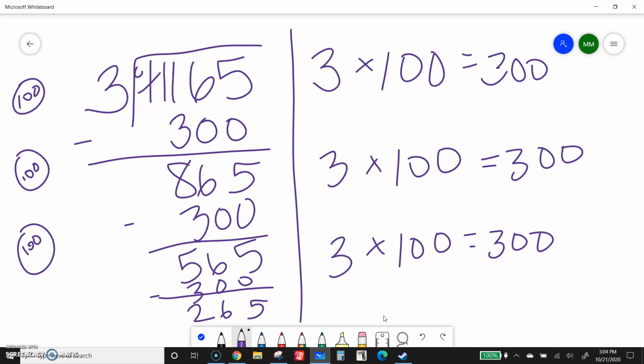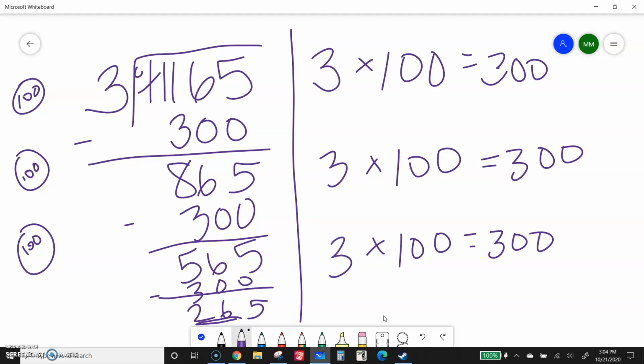Okay, well, I can't do 300 again. So, of course, I ran out of space and wrote too big. So, 265. What's a multiple of 3? 3, 6, 9, 12, 15, 18, 21, 24, 27.